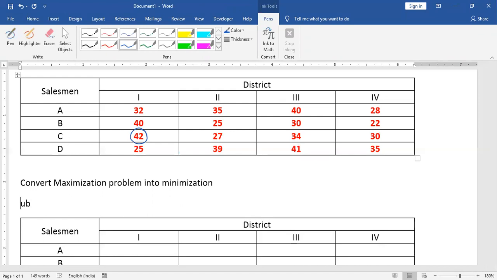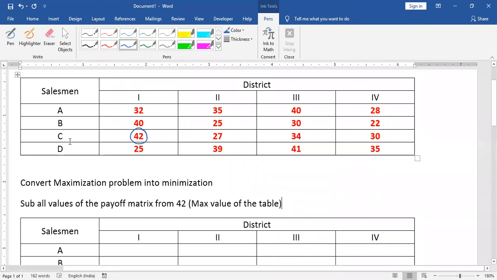Now we will subtract all values of the payoff matrix from 42, because 42 is the maximum value of the table.